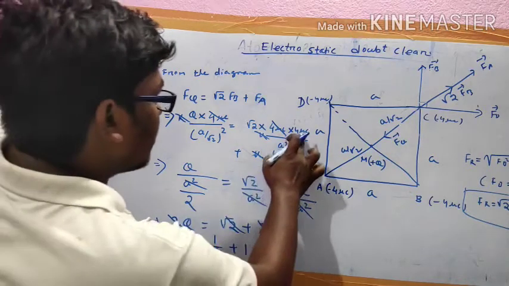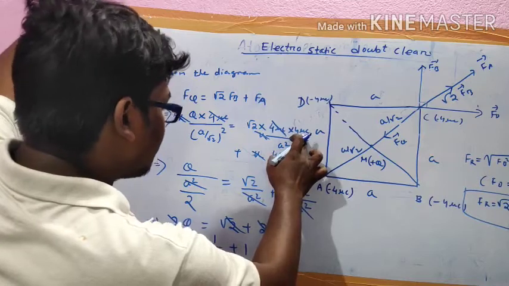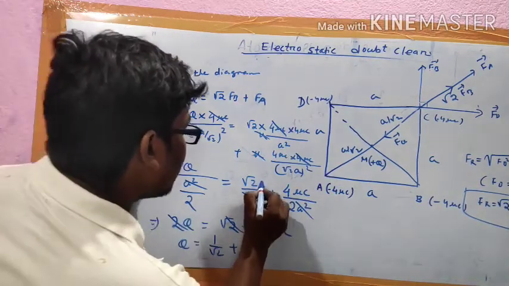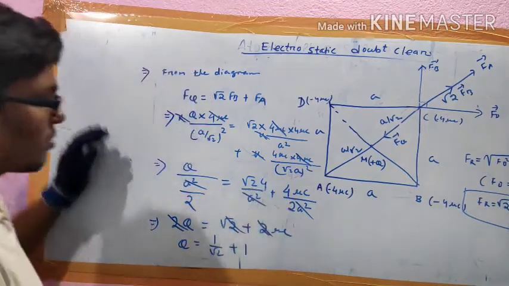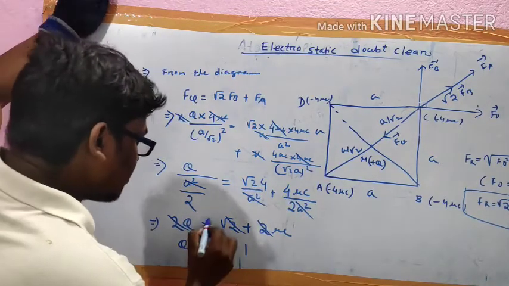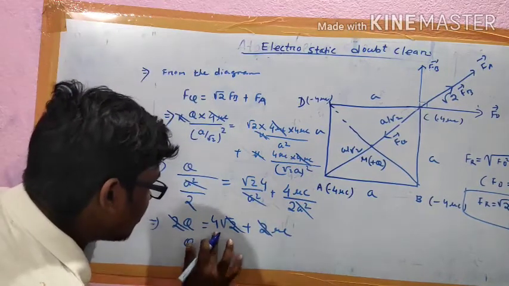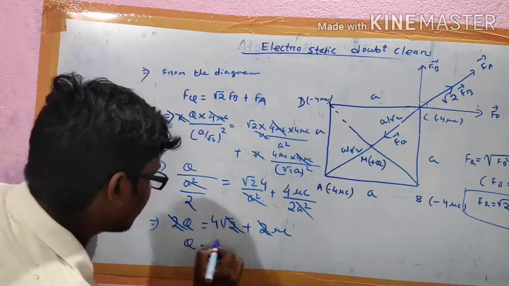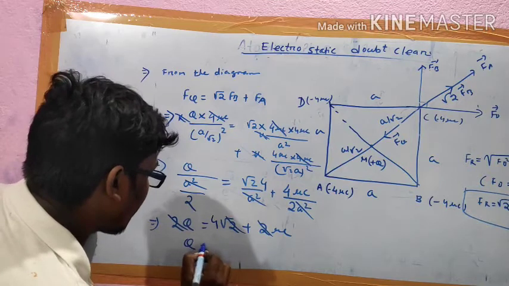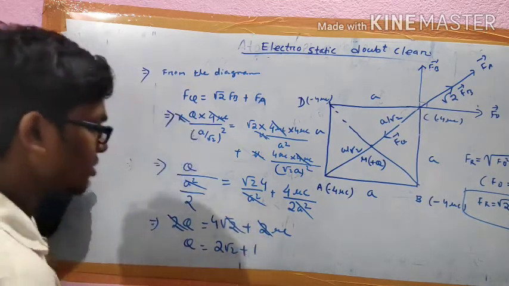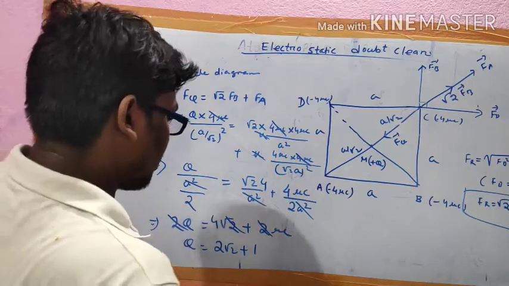Okay, I made a mistake over here. This is 4. Sorry, there is a 4 over here. So this becomes q is equal to 2 root 2 plus 1.